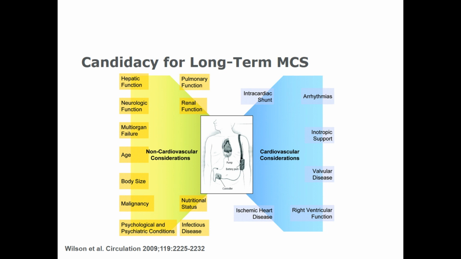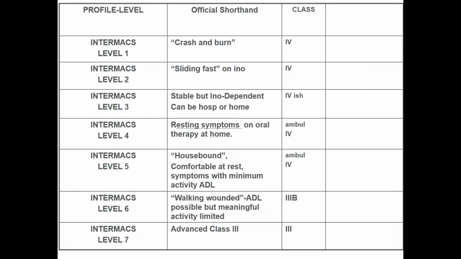The candidacy for long-term mechanical support depends on a host of cardiovascular and non-cardiovascular considerations shown on this slide, and thorough evaluations at experienced VAD and transplant centers are important to consider in identifying patients who are truly eligible for long-term MCS. This is that INTERMACS profile classification, now more granular classification provided on the slide, and the shorthands that are applied in clinical practice.